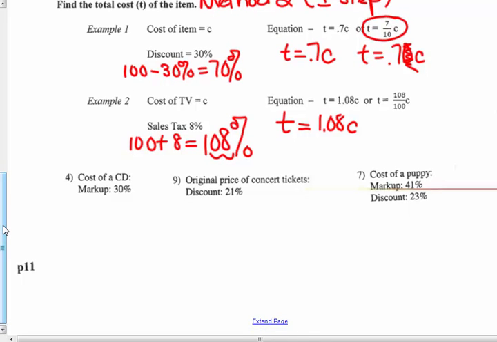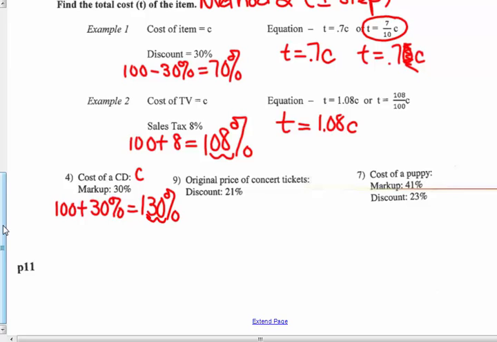So the cost of a CD, again, let's call it C this time, and the markup is 30%. Markups are added. So the markup would be 100 plus that 30%, which would give me 130% is the percent I would use in the problem.